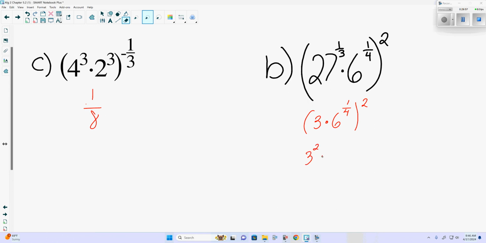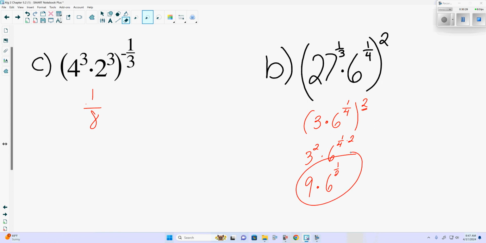So it'd be 3 squared times 6 to the 1/4 times 2. We square it because of our power of 2 on the outside. Now, 3 squared we can simplify because that's 3 times 3, which gives us 9. We wouldn't do it with the 6 to the 1/2 because we can't take the square root of 6 and get a nice number. So we call it good there.